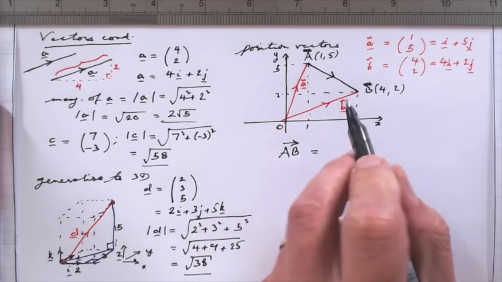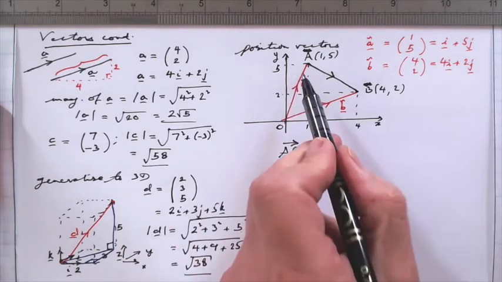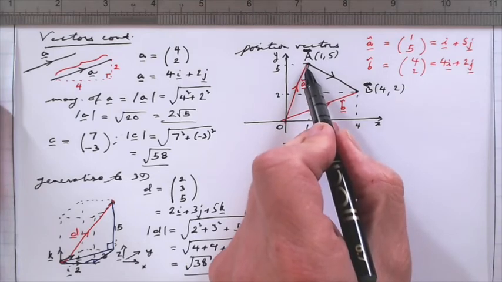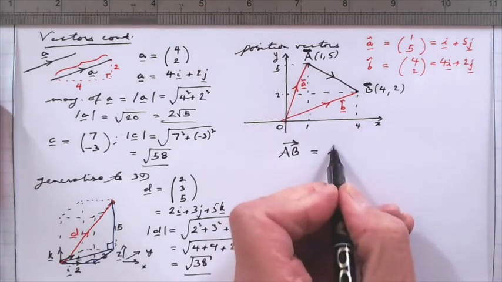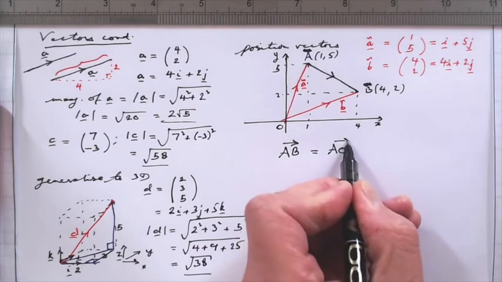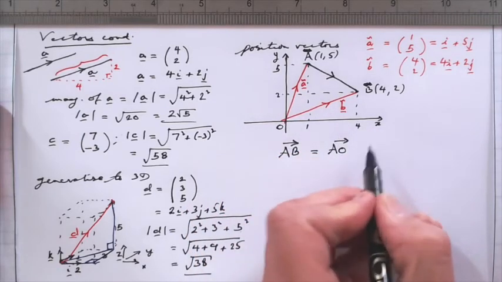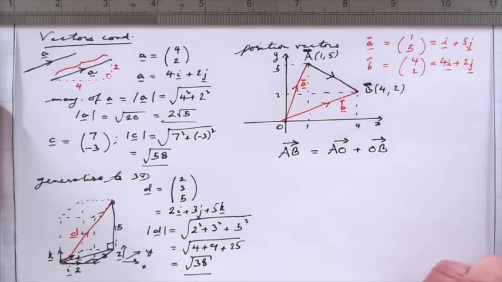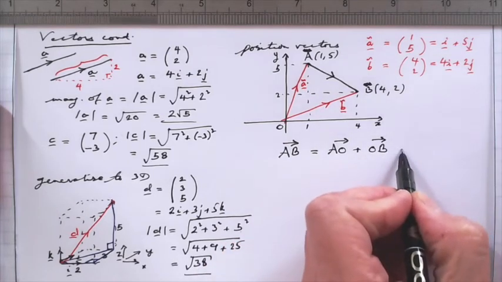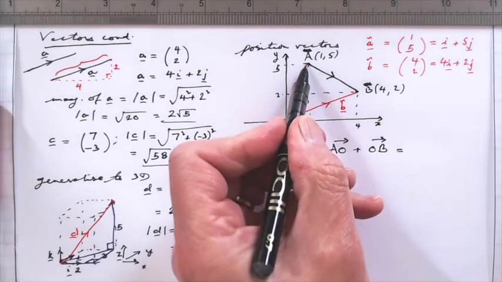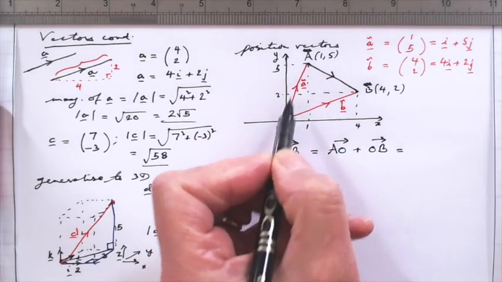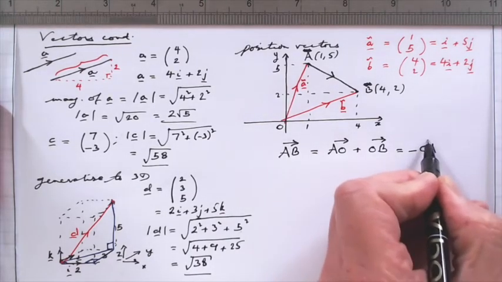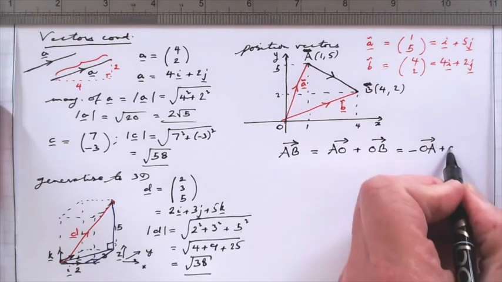And we can do a little journey now. How do I get from A to B? Well, I can go from A down to the origin, which I describe as AO, and then from the origin up to B, OB. Going from A to O is the opposite of going from O to A, so I can write that as the negative of OA plus OB.